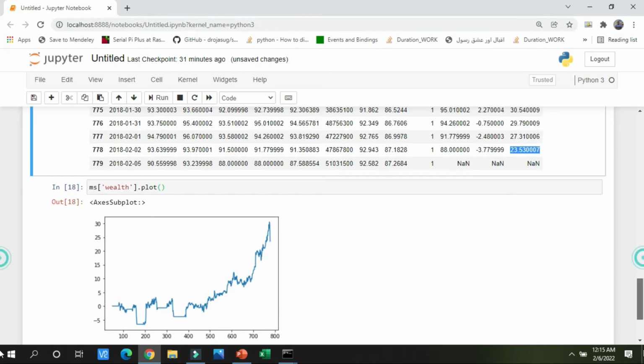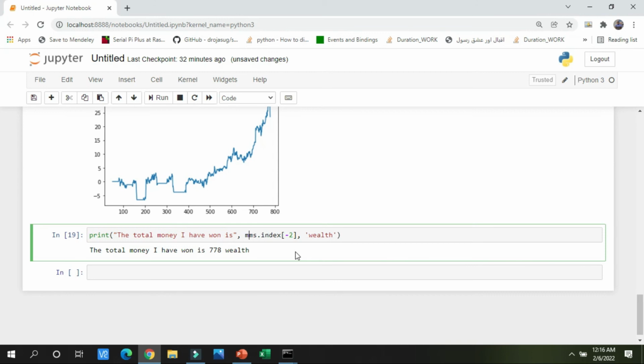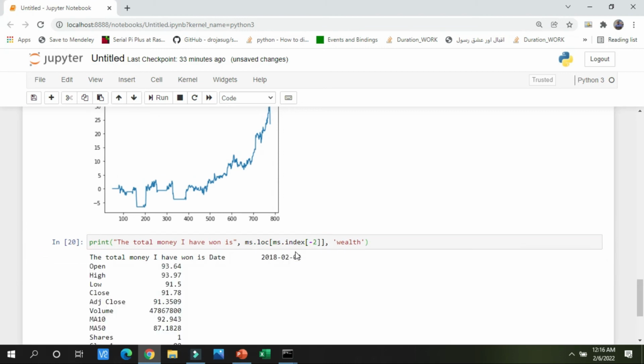So I am writing MS dot, I have to write MS dot loc because log has given me the wrong answer. So I will write MS dot loc, and in this loc, closing the bracket, now it will give me the correct value.